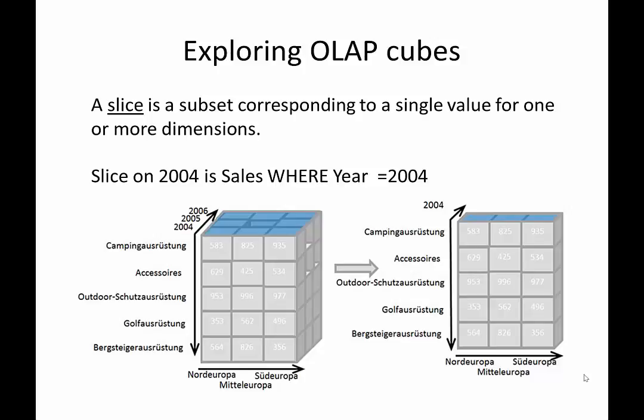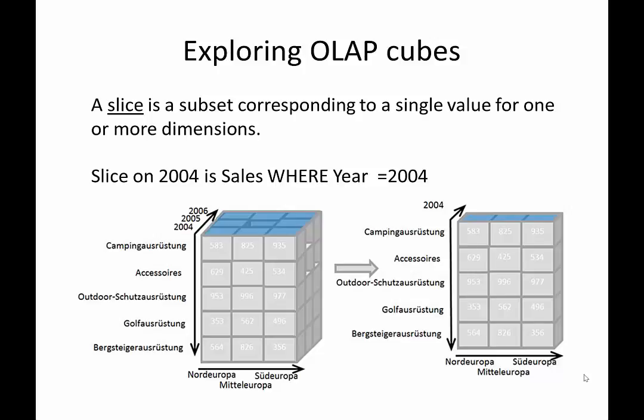So for example, these are really quick operations, so you can slice your data cube. So here's a 3D data cube. A slice just returns a single value. In this case, we've got dimensions to do with North, Southern, Middle Europe. We've got various categories of camping accessories. We've got the years of sales. Here's the data values in this cuboid.